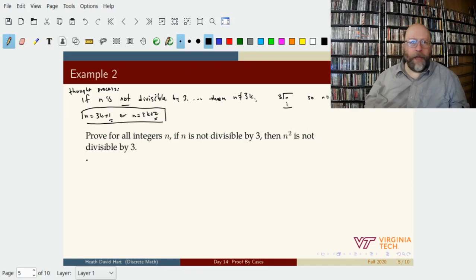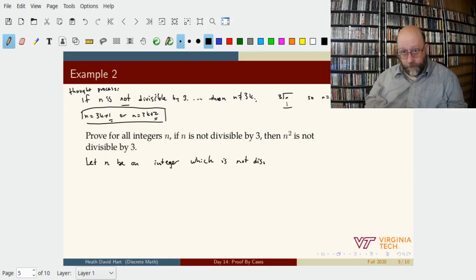Okay? So let n be an integer which is not divisible by 3. We consider two cases.